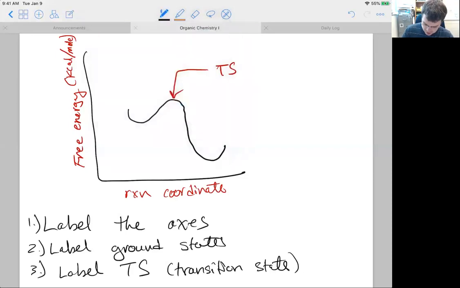One thing I'll mention briefly about the reaction coordinate: this is a very vague description of an axis in a graph, but all this is saying is how far along the reaction is. Okay, and that's it.